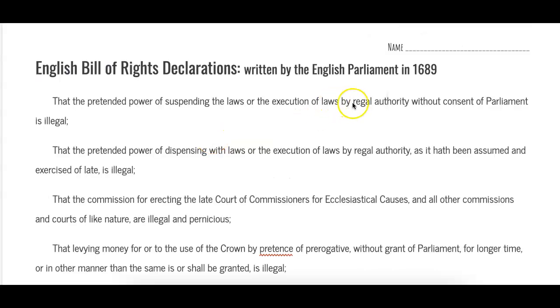I draw that conclusion by also looking at my document and looking at what they actually wanted to happen. Raising taxes by the monarchy without parliament is illegal, so clearly that had been going badly before. Executing laws by regal or monarchy authority without consent of parliament is illegal. So I can understand that the parliament was generally unhappy.